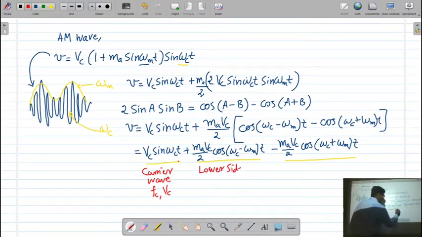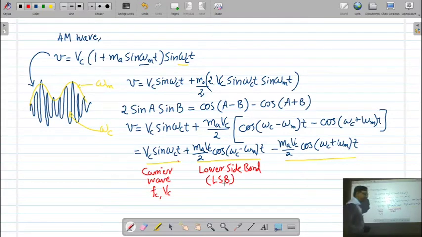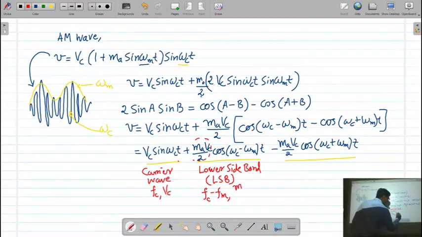In short, it is also known as LSB. And what is the frequency of the LSB? It is Fc minus Fm. What is the amplitude of the sideband frequency? It is given by Ma Vc by 2. This is the amplitude of the lower sideband frequency.